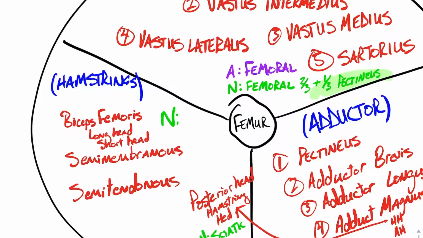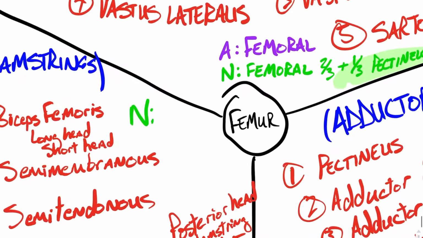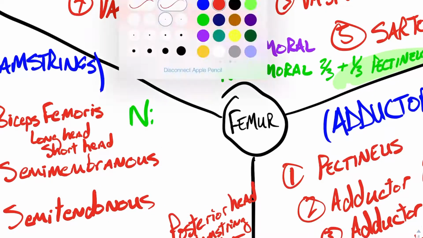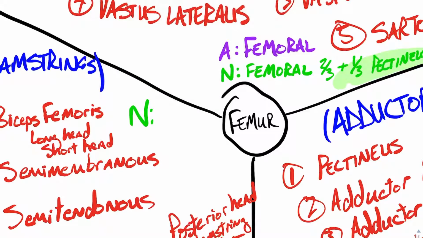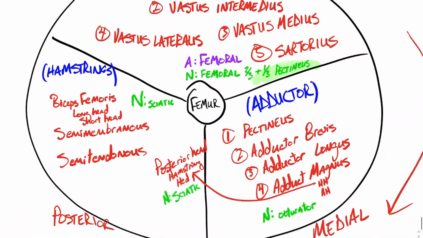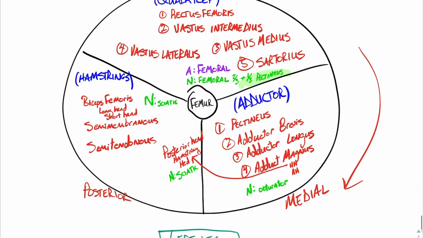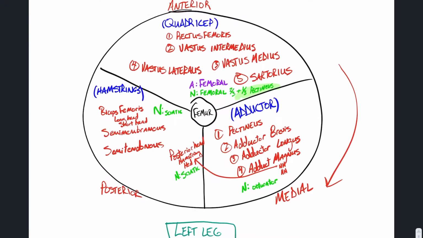Semitendinosus. Okay. So we have those. And what is this innervated by? Come on. This is the not rocket science one. Sciatic. Okay. So that's the whole thigh.